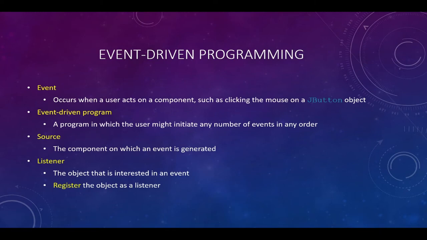An event-driven program is a program in which the user is going to initiate any number of events. There might even be several buttons that do different things. The source is the component which generated the event. If you have button 1, button 2, and button 3, and the user pushes button 2, the source is button 2, because buttons 1, 2, and 3 can do three completely different things.